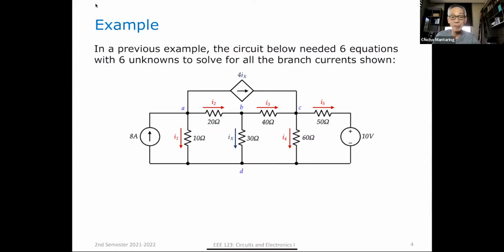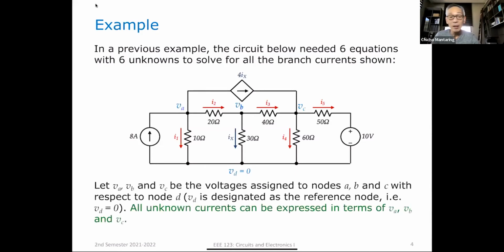6 last time. Okay, if we let VA, VB, and VC be the voltages assigned to nodes A, B, and C respectively. So this is VA, the voltage at this node, VB, the voltage at this node, VC, the voltage at this node. Now remember, voltages are always with respect to 2 points.